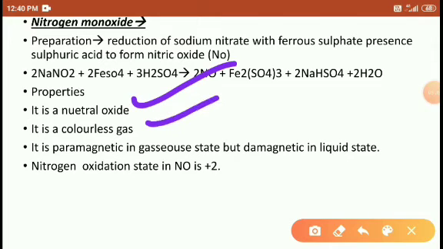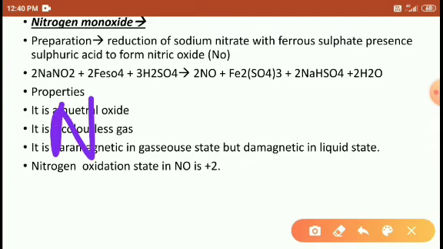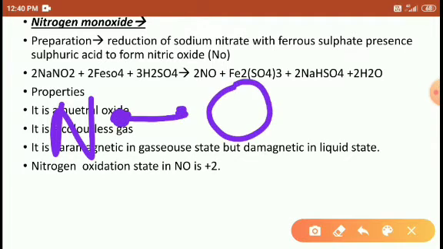Neutral oxide, colorless gas, students. And next, it is paramagnetic in nature. So why is it paramagnetic? Because nitric oxide forms a structure like this. Here this is an unpaired electron, and this is the pair of electrons of nitrogen.